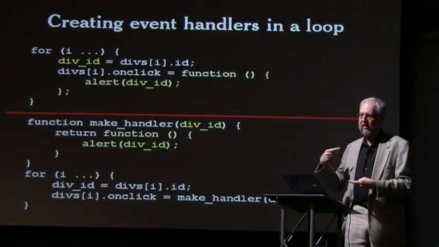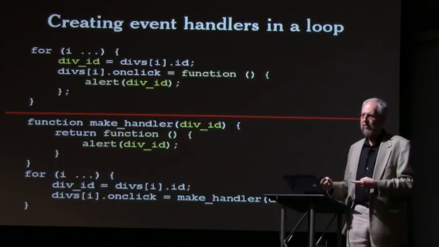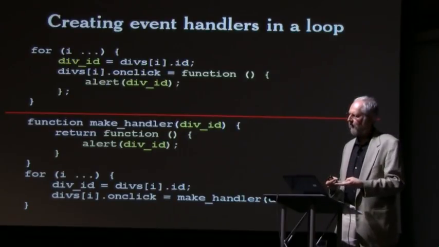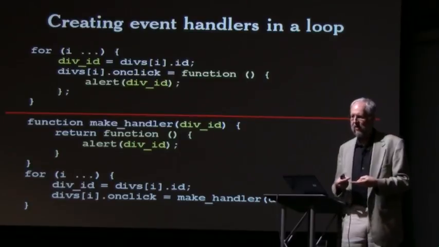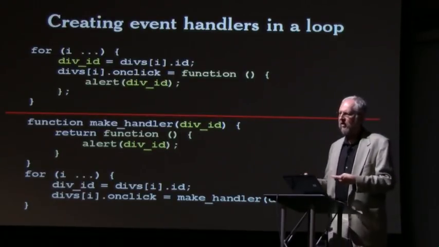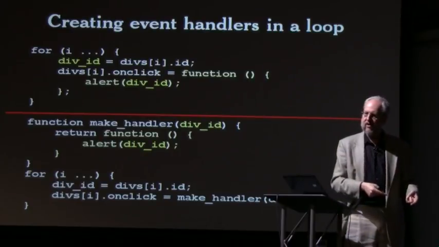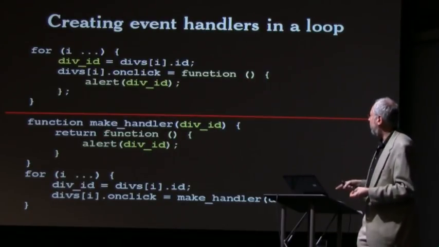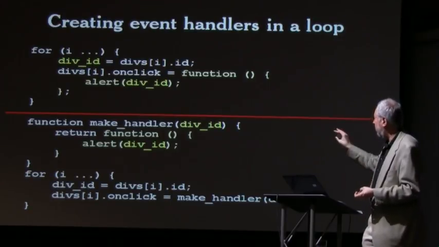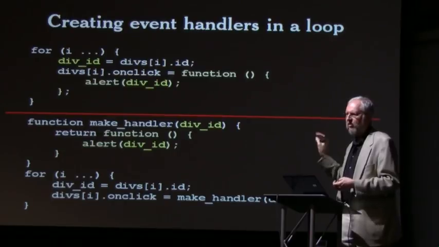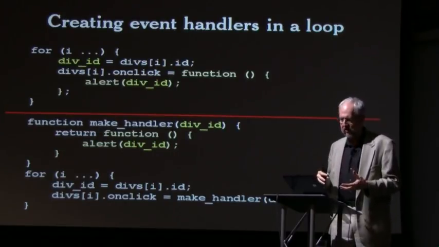And so by the time you finally get around to clicking on them, you're going to be getting the final value, which was the value that kicked you out of the loop. So the way you get around that is by creating a separate function which you're going to use to assign the functions to the event handler. So here I have a function called makeHandler, which will take the div ID and returns the event handler function.